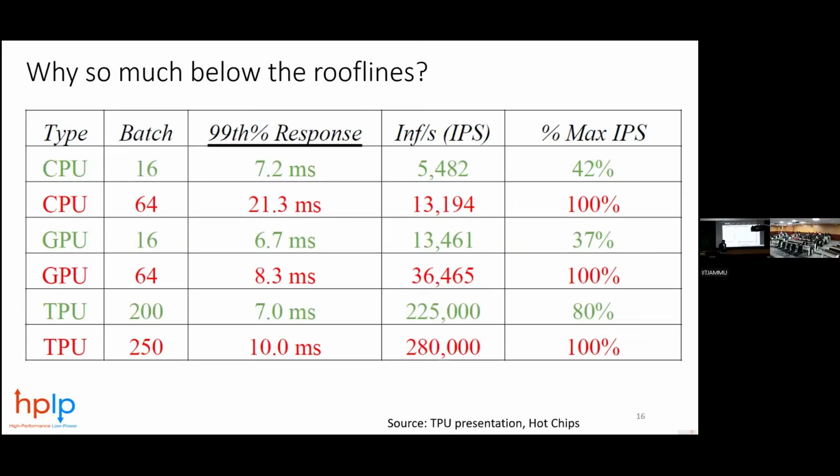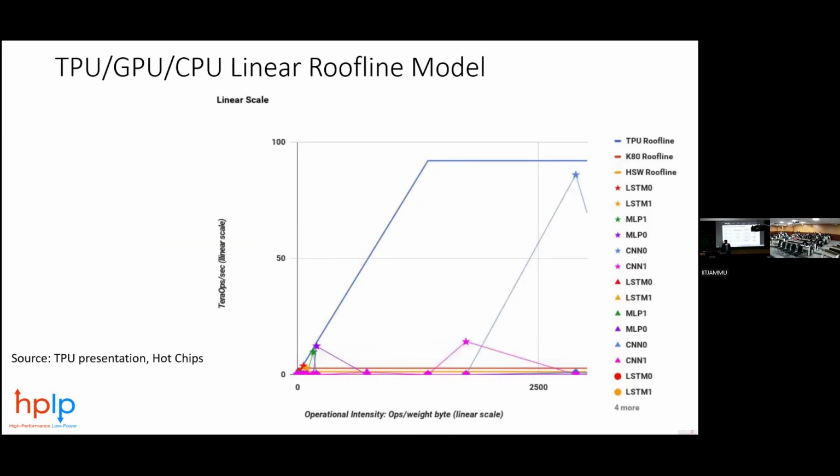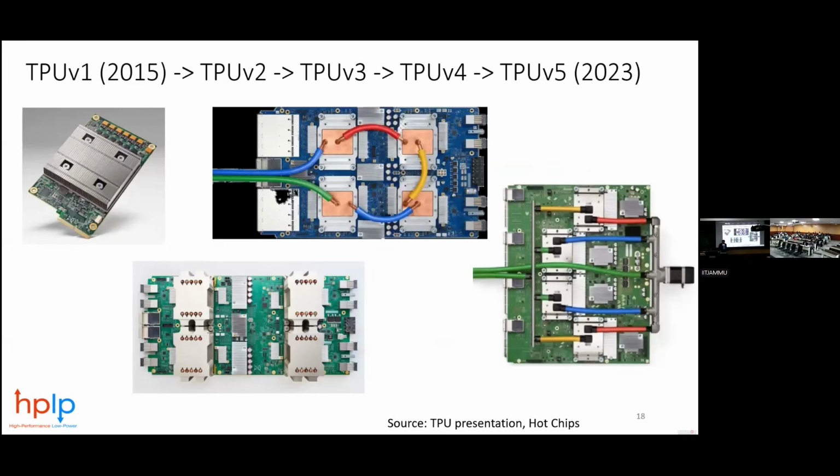Well, this is another important thing. These roofline models are all logarithmic. So differences that look small here would be even more dramatic in linear graphs. TPU is this one, and everything else is here at the bottom. So in that sense, this is a little bit more dramatic.